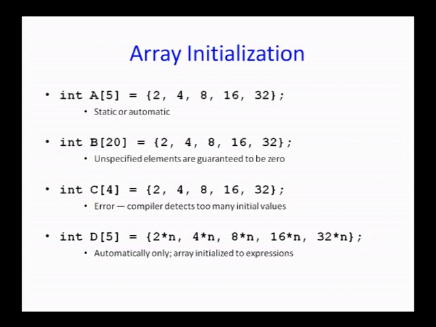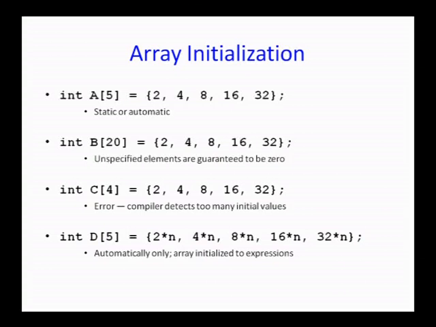And in the next example, you have an array called D with a maximum number of elements 5. It is an integer array again, and the initialization values that I am specifying here are 2 into n, that is, expressions. These expressions are going to be evaluated, and the evaluated values are going to be assigned to the array elements.